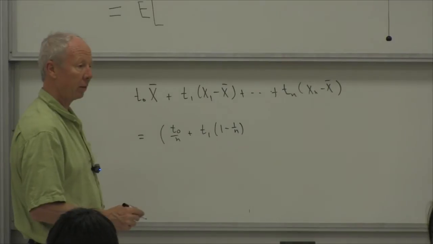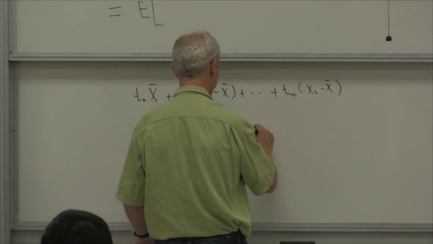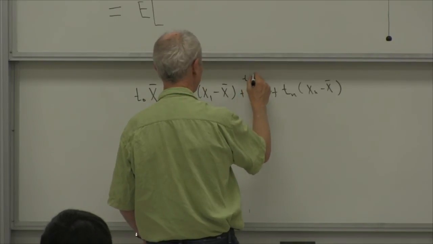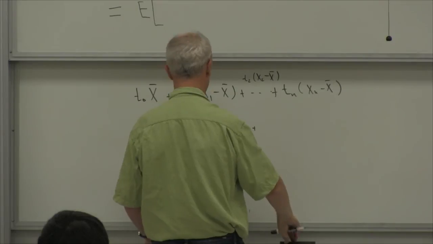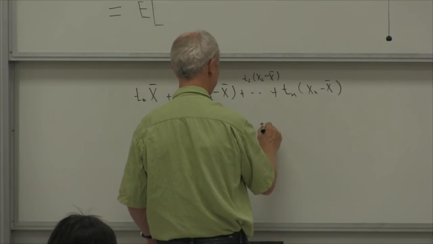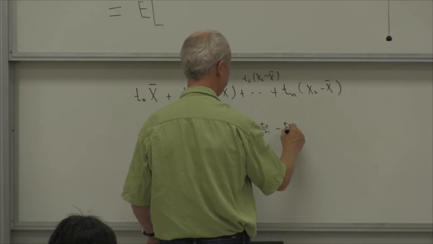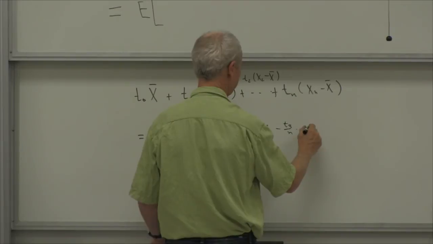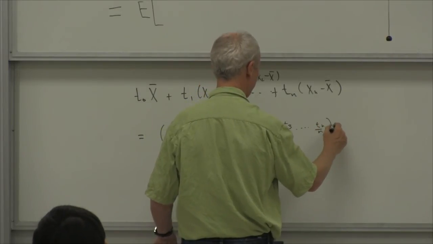Is that right? And what do I get all along here? The next term would be t2 (x2 minus x bar). So I'll get a minus t2 over n times x1 from here, then minus t3 over n, etc. And then here I get a minus tn over n, all times x1.